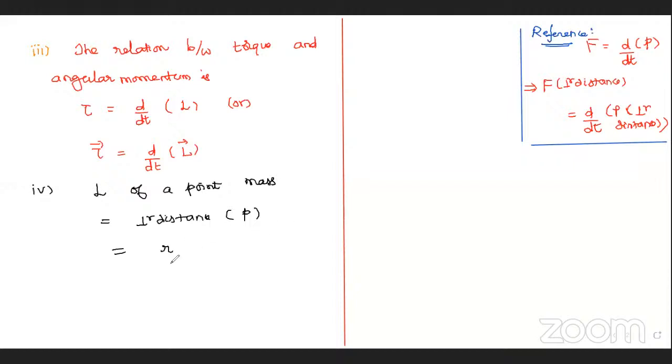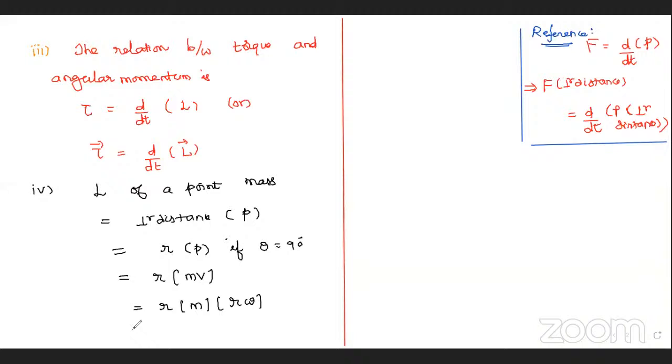Suppose theta is 90 degrees, then I write r into p, which is mass into velocity, so r into m into v. In rotatory motion, does anyone remember v is equal to r omega? Remember this formula? In rotatory motion, v equals r omega. Yes, Ishan, thank you. Right.